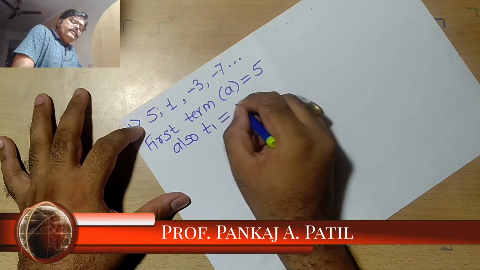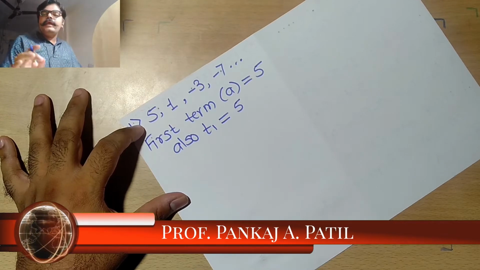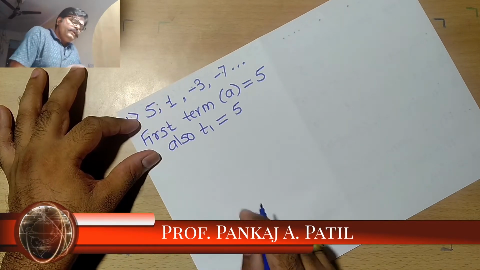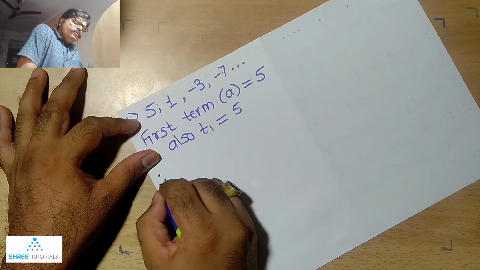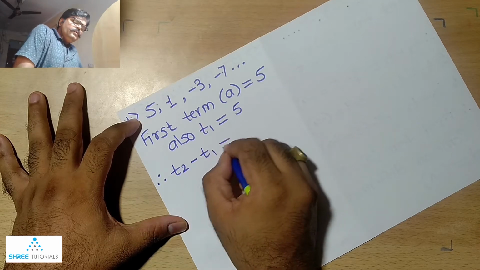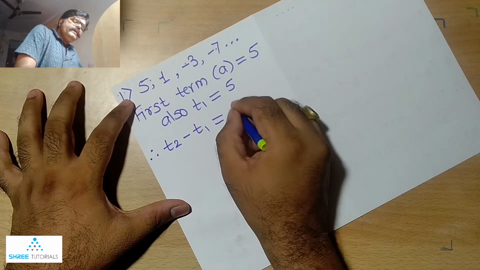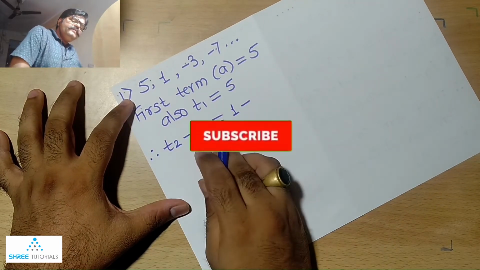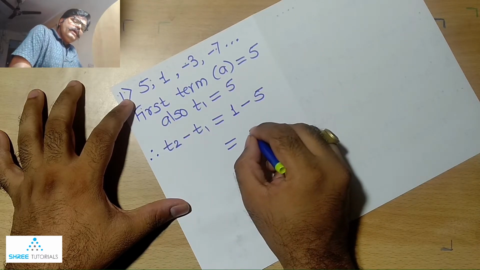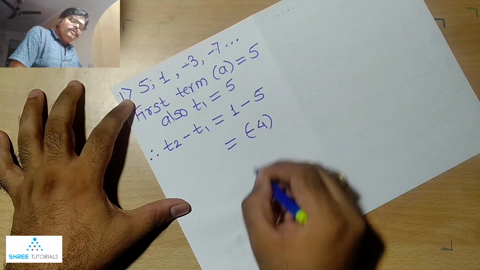Now to calculate the common difference, we will have to subtract T1 from T2. Therefore, T2 minus T1. What exactly is T2's value? That is 1, minus T1's value, which is 5. So 1 minus 5 is minus 4.